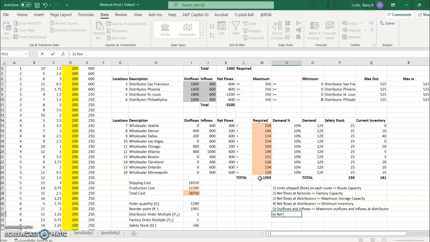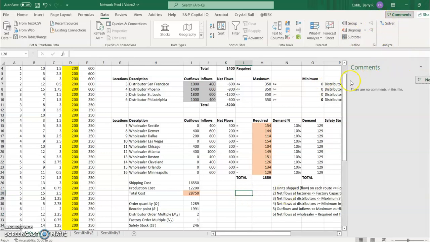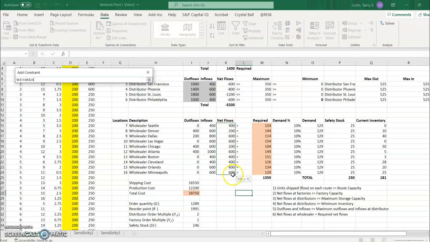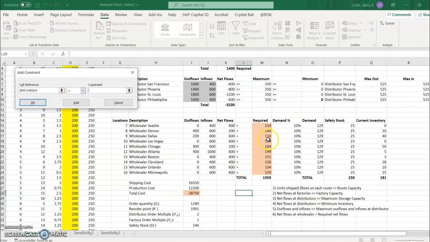So the net flows at the wholesalers should be equal to the required net flows at the wholesalers.